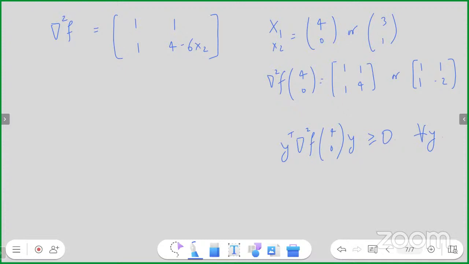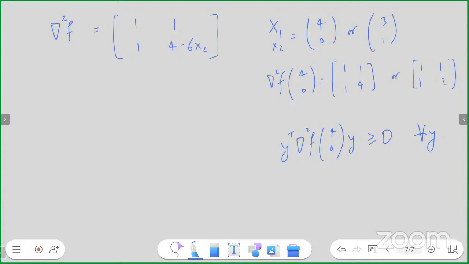The first one is positive semi-definite. Okay. Second one is not. Why not?